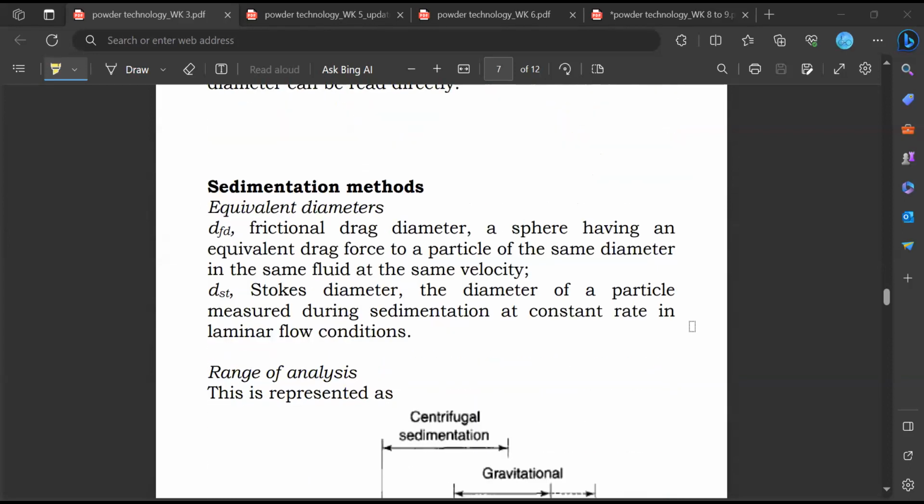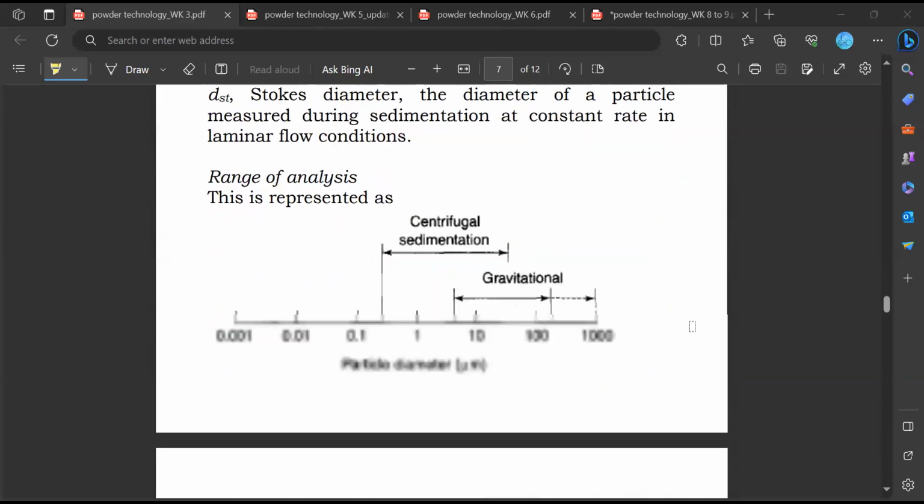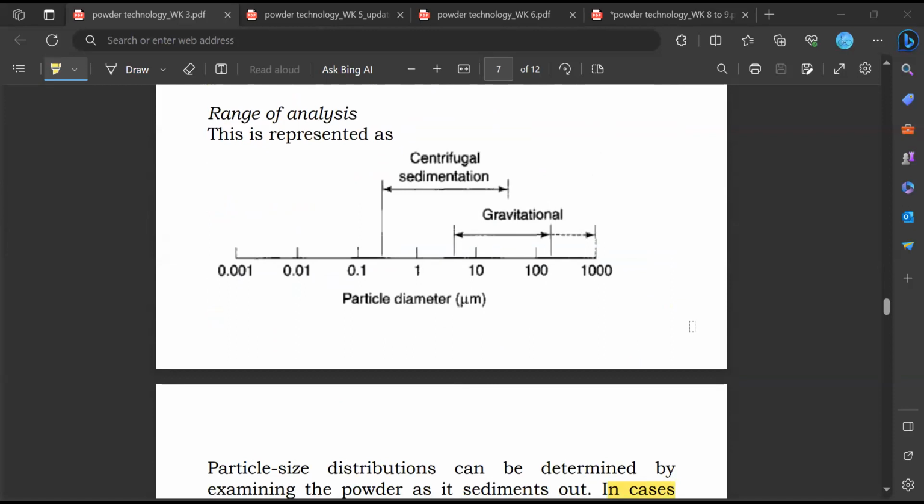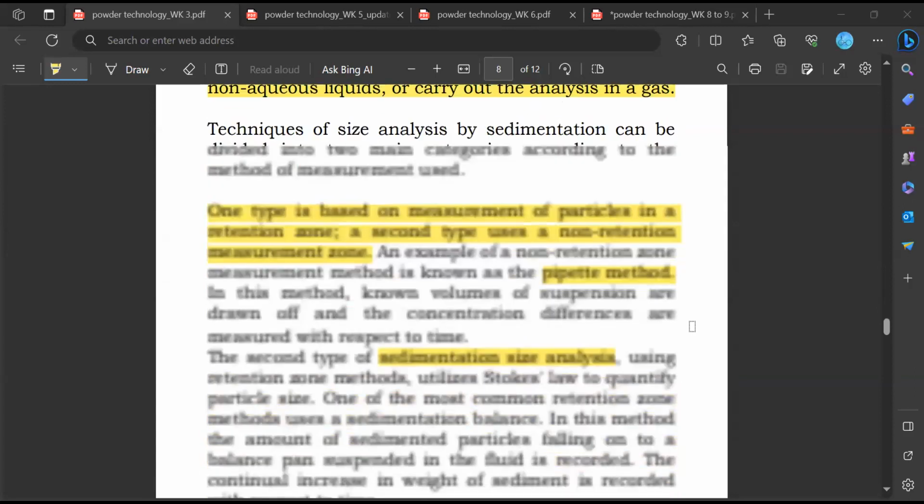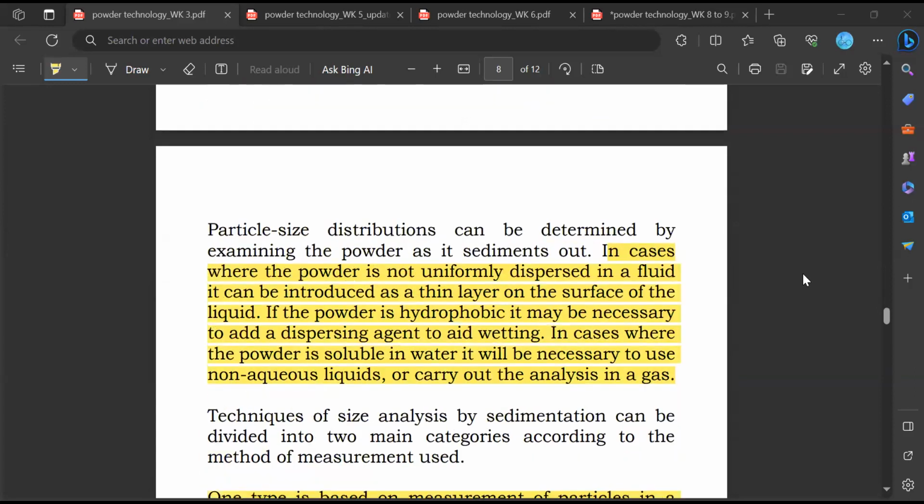Then the third one is the sedimentation methods, where you have centrifugal sedimentation and gravitational. With samples for the sedimentation method, when the powder is not uniformly dispersed in a fluid, it can be introduced as a thin layer on the surface of the liquid.